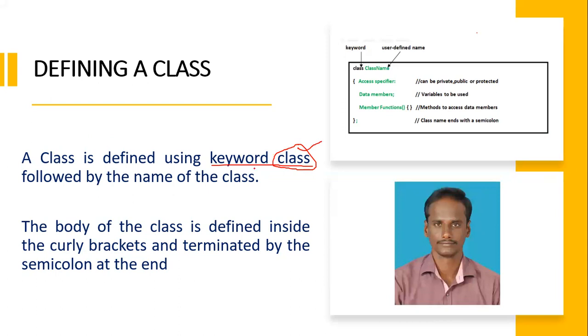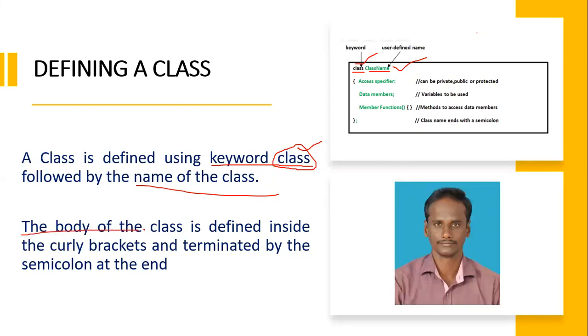So a class is defined using the keyword class followed by the name of the class. This is the syntax, the general form for creating a class. Class is the keyword, and next is the class name, whatever name you want to give your class.